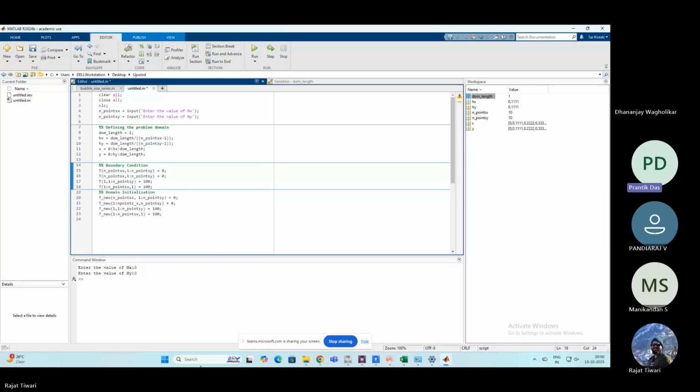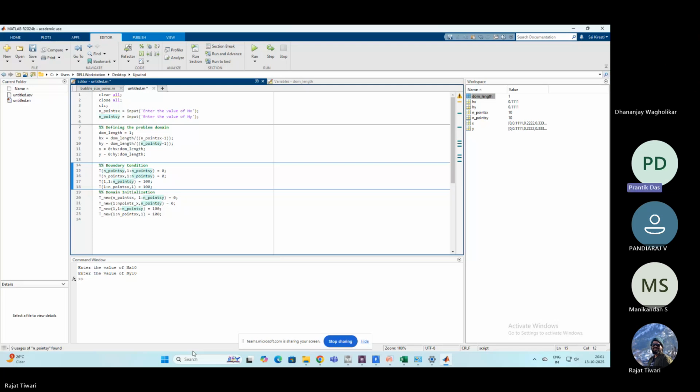So let me look into the domain again. So my domain actually is from 1 to... wait for a minute.